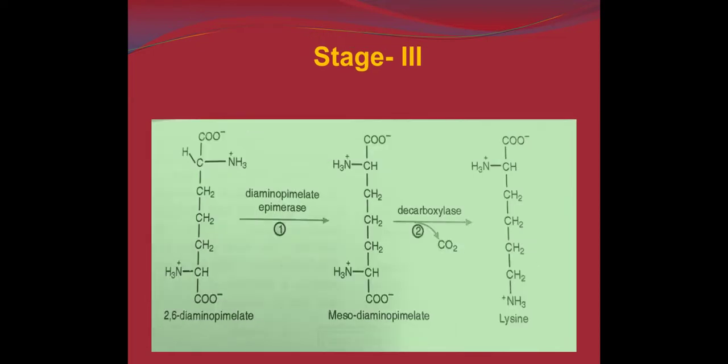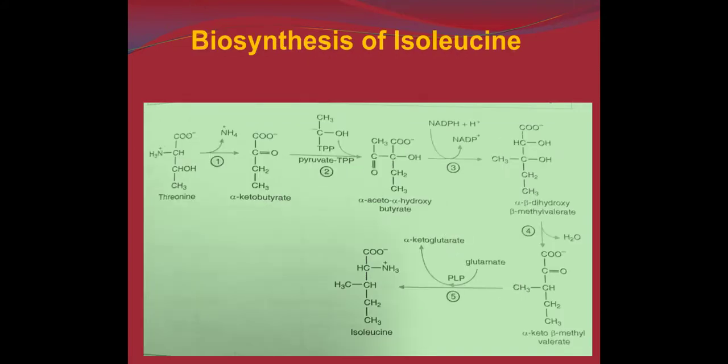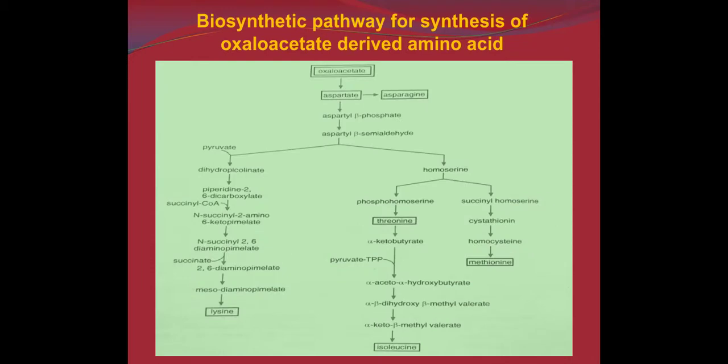And in stage third, 2,6-diaminopimelate gives rise to lysine. Now the biosynthesis of isoleucine occurs from threonine. In this way, we see that the oxaloacetate precursor family, and in this family 6 amino acids are synthesized.